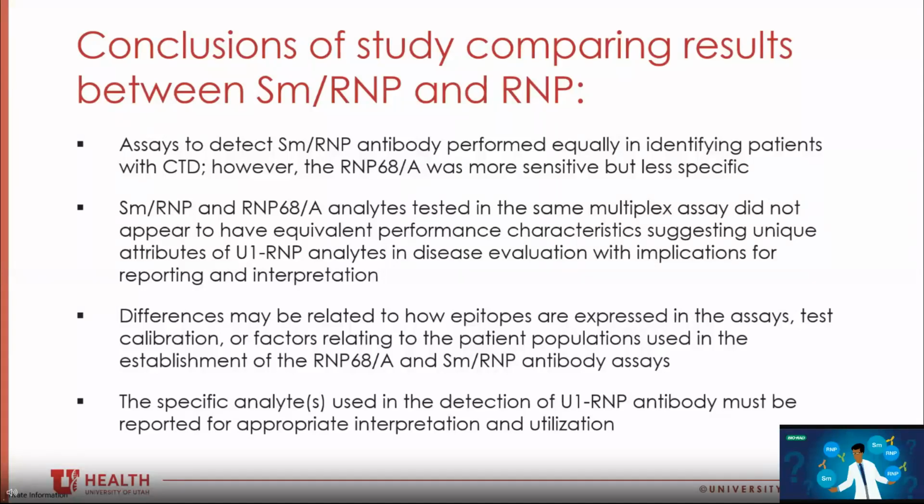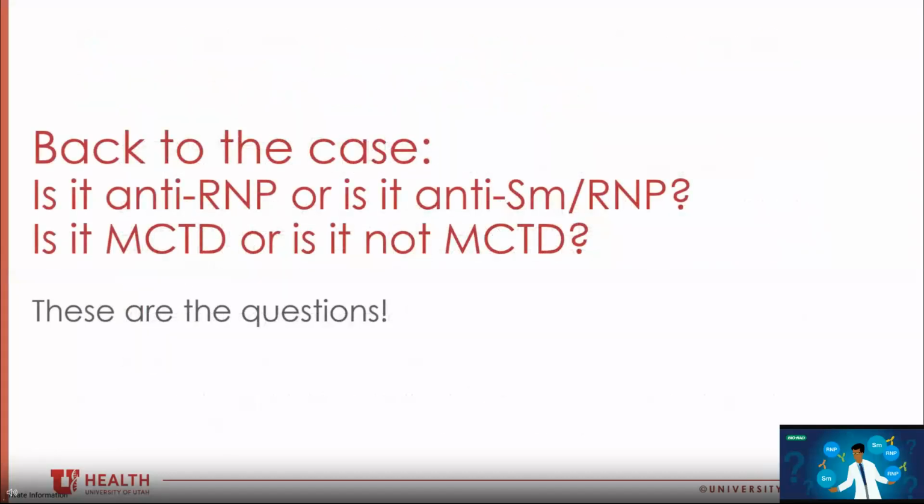With that in mind, let's go back to the case and answer the questions of, is it anti-RNP or is it anti-Smith RNP? And is it mixed connective tissue disease or is it not mixed connective tissue disease? These are the questions.